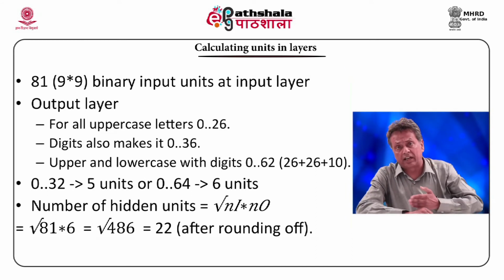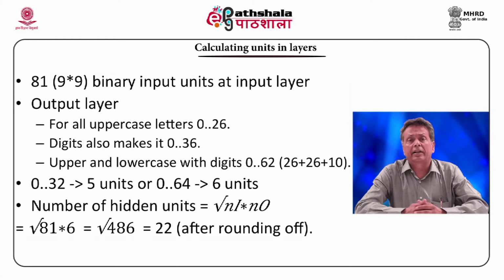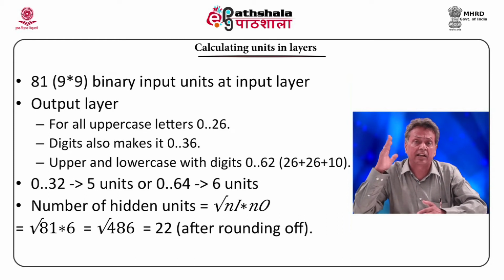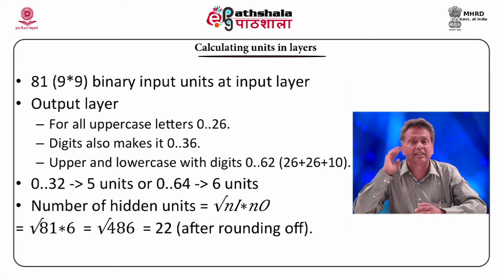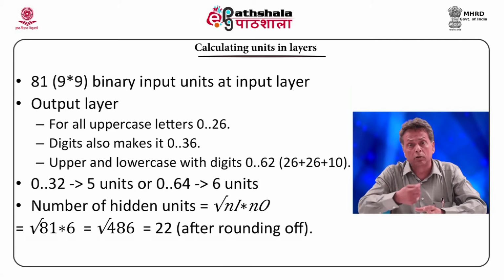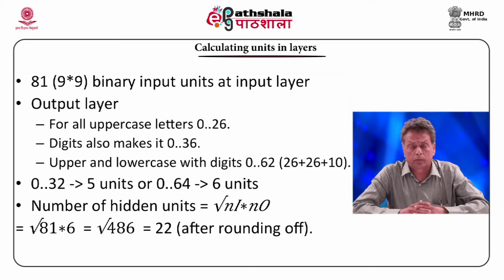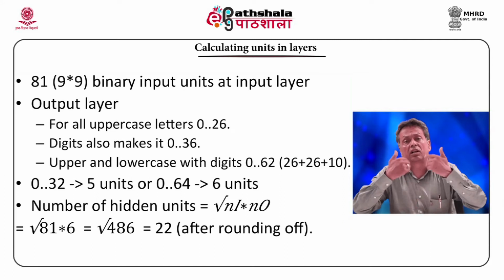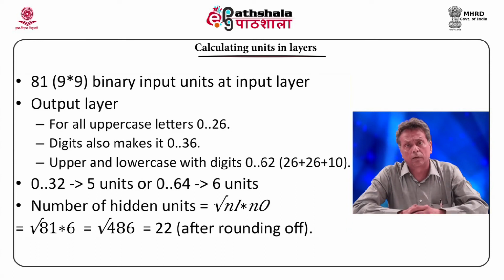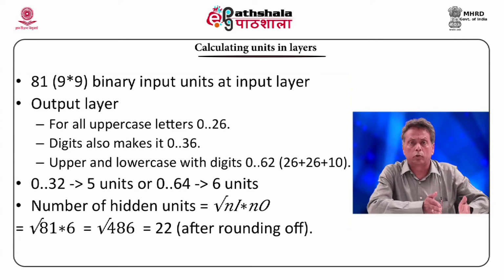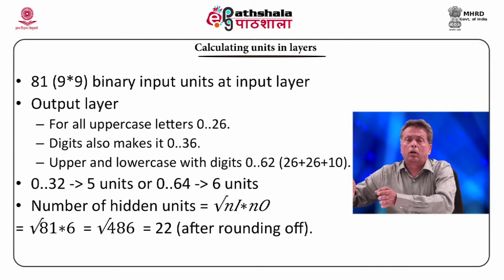So, it is A to Z, that means 26. In that case, I need a total of 26 outputs. If I also include zeros and ones, I need 36 outputs. If I also want lower and uppercase, it is 62 total. So, what I need is either 26, 36 or 62.